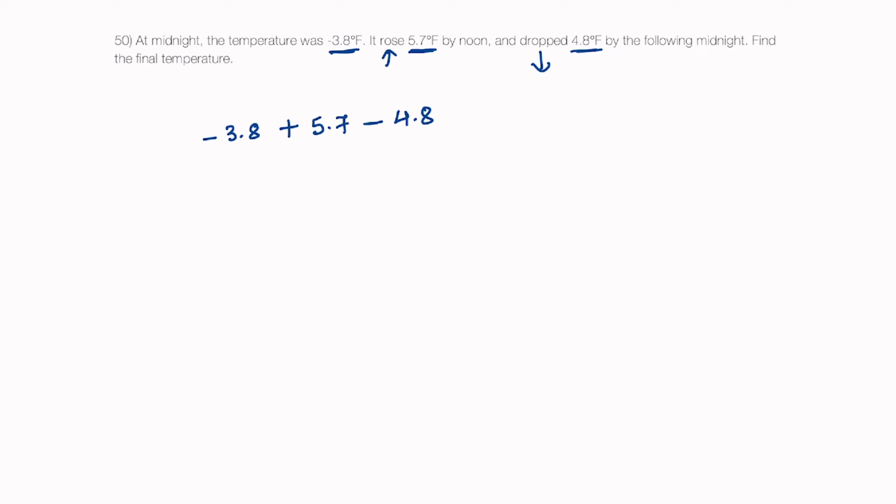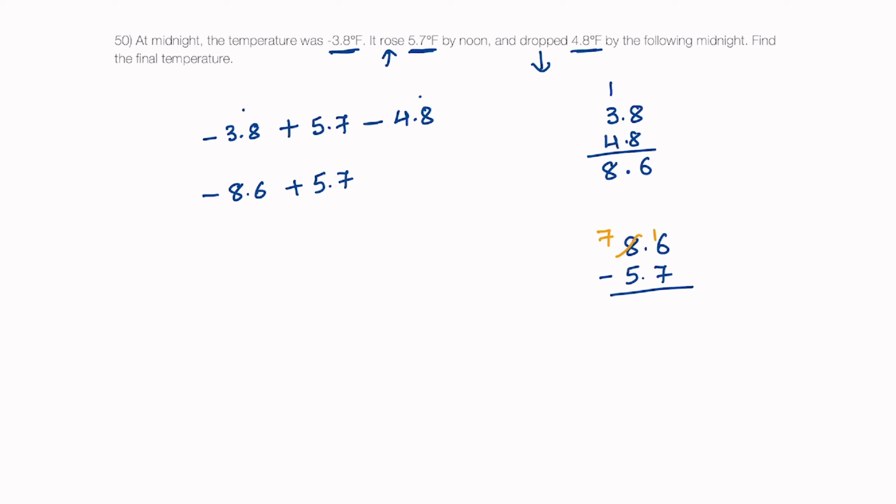So let's add both negatives first. 3.8 and 4.8. That's 16, 6 here, decimal, 1 carry, that's 8. So that's minus 8.6 plus 5.7. So we do larger minus smaller, right? So 8.6 minus 5.7. This is not possible, so we make this 7 and give 1 to this.